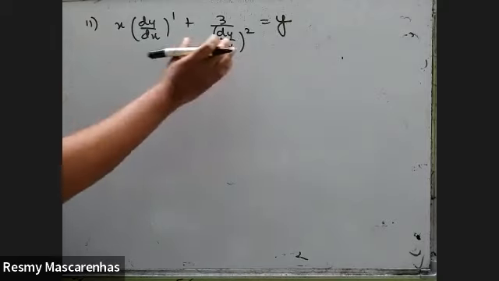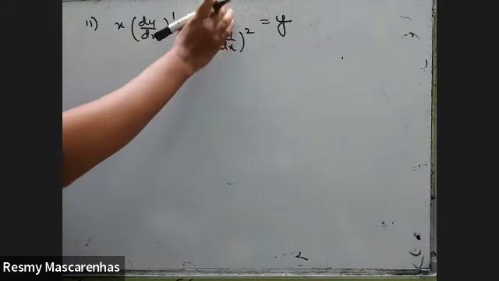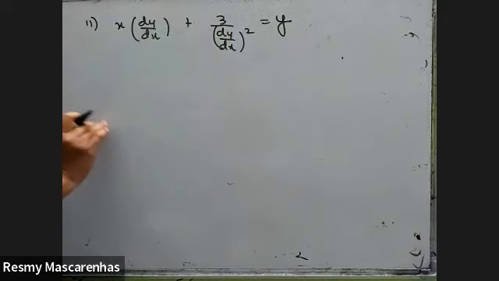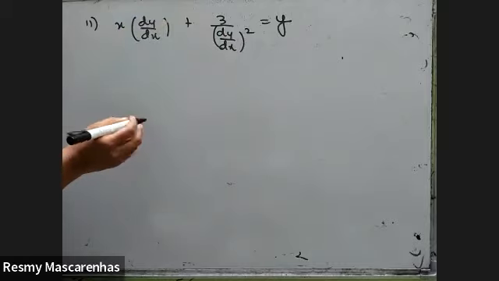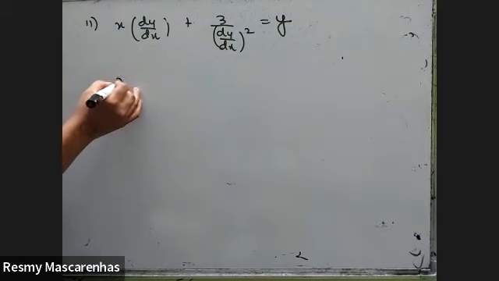This is there in the denominator. So I'll try to get rid of any fraction. I'll cross multiply here. If nothing is there, it means there's a power 1. This is the differential equation given. Now just cross multiply here.